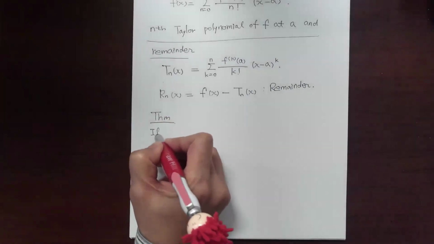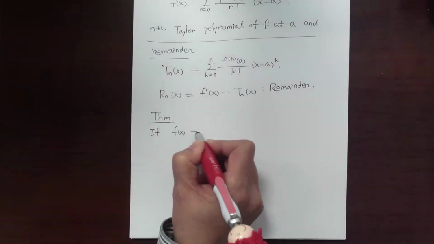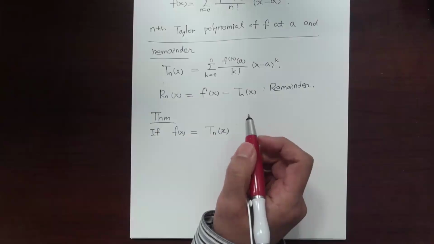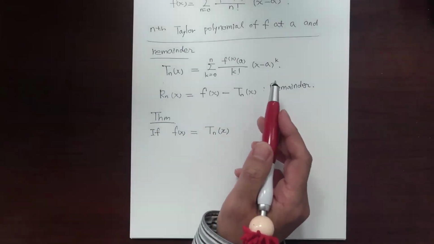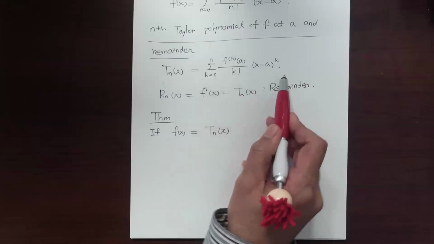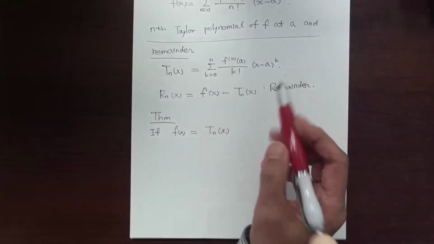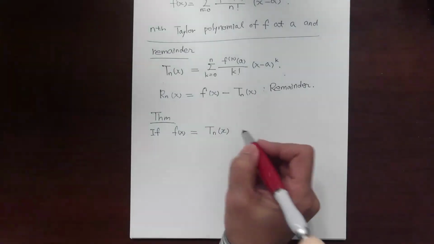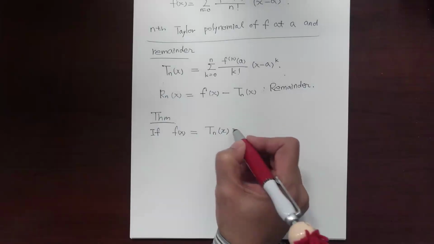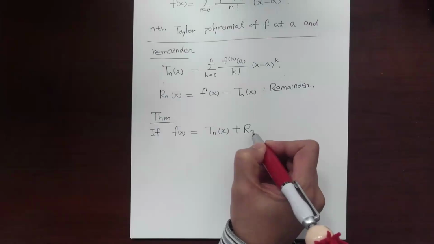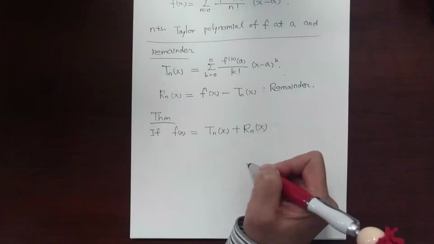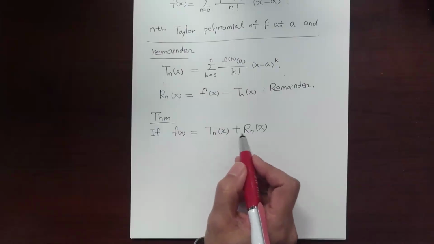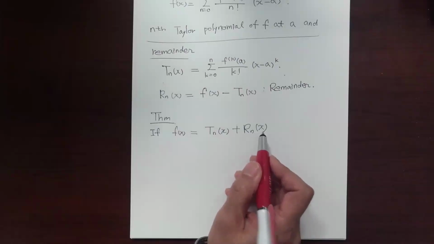Let's suppose that the function f can be written as the nth Taylor polynomial. So this is just a polynomial, not an infinite series. And that is written as T sub n of x plus R sub n of x.